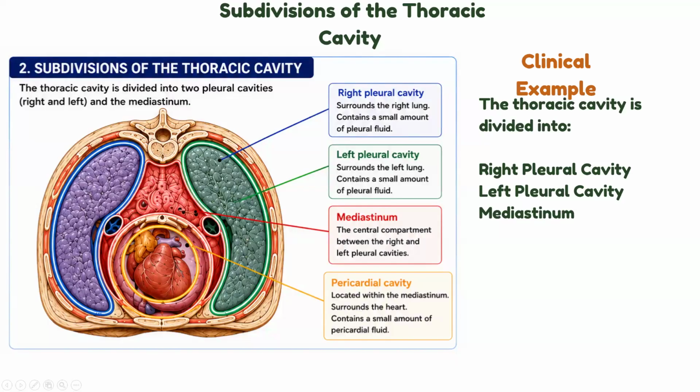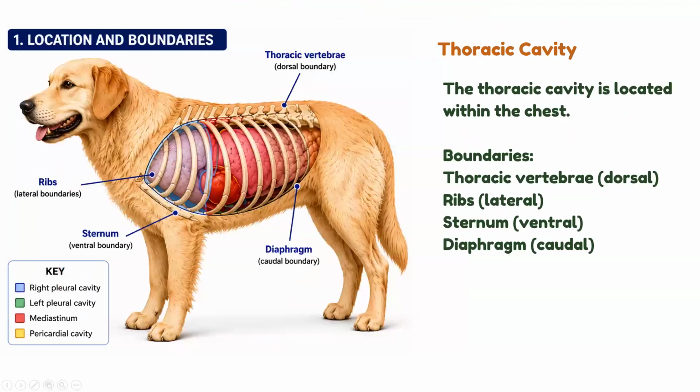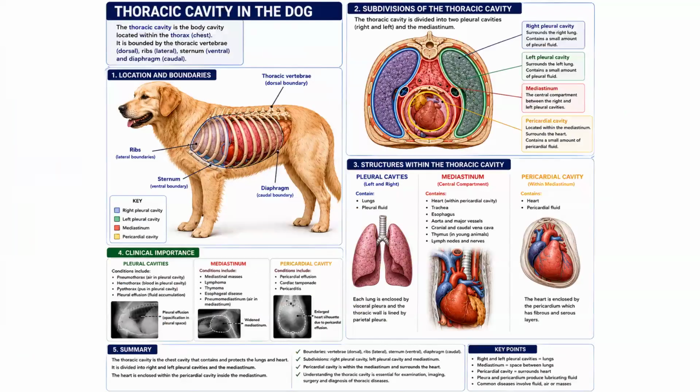Okay, so these are the major subdivisions of the thoracic cavity, which include the right pleural cavity, the left pleural cavity, the mediastinum, and the what? The pericardial cavity. Now, going back to this image, I need to explain to you the clinical importance of these cavities that we are talking about here.